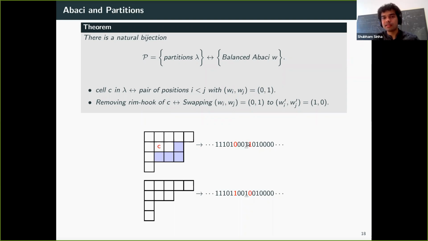So the distance between the positions of 0, 1 gives you the size, and removing this rim hook simply translates to swapping these two numbers. So here I showed you the removed picture, and if you want to work it out, it's just swapping 1 and 0. So there is a nice and easy description of removing a rim hook in terms of abacus.